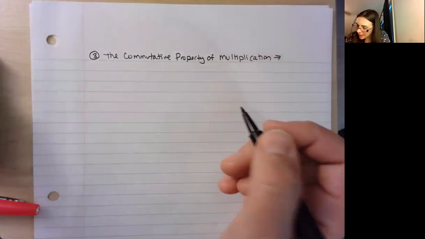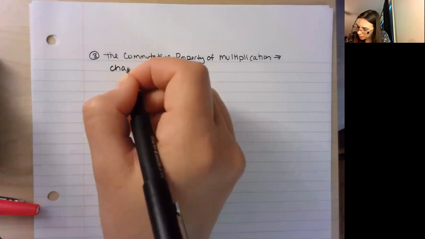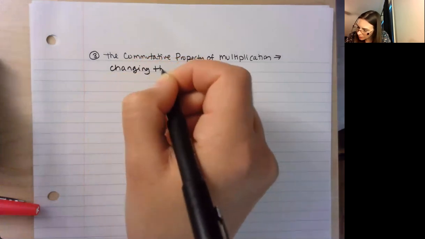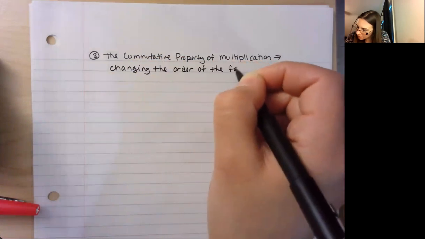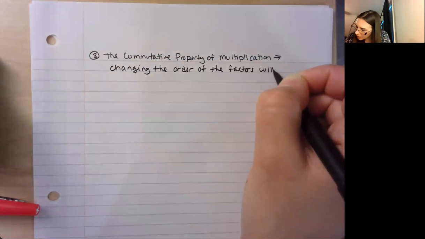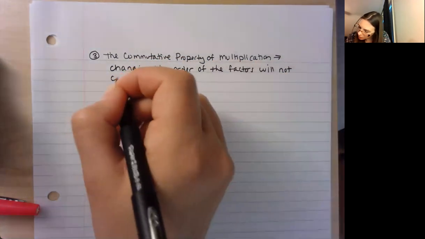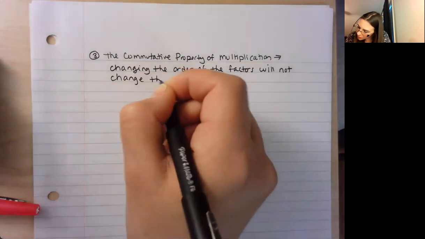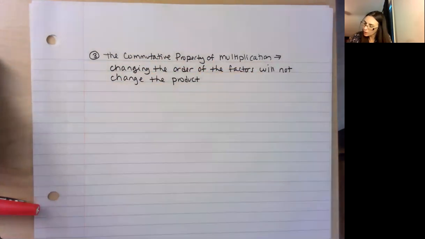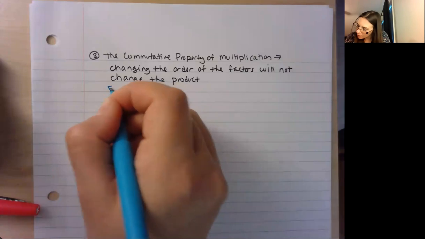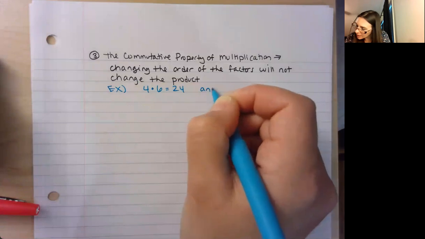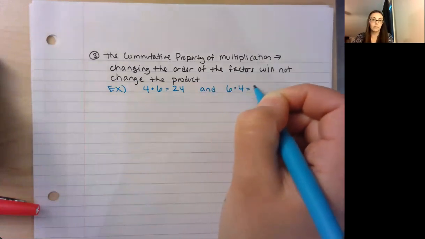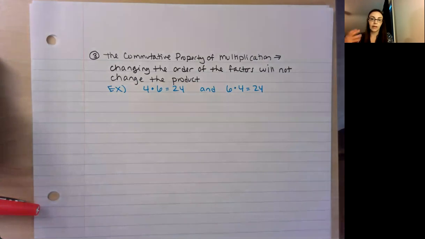Which basically it says that changing the order of the factors will not change the product or the solution. So again, for example, 4 times 6 is 24, and 6 times 4 is also 24. So like with addition, we can rearrange the order for multiplication.